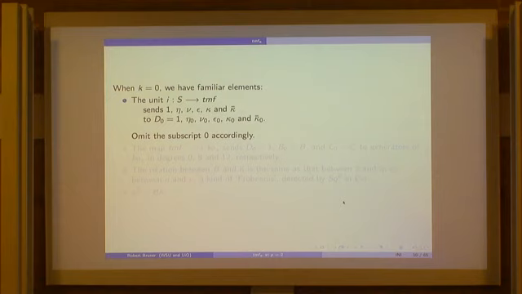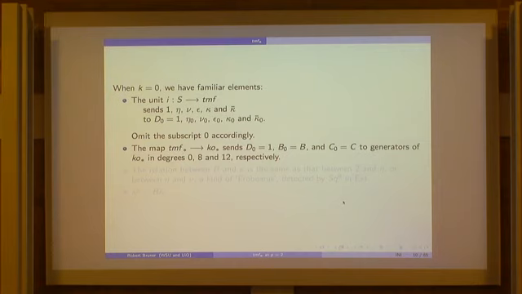And we'll see the charts in just a little bit, which is the easiest way to see where the elements lie. If you take the unit from the sphere into TMF, then 1, eta, nu, epsilon, kappa, and kappa bar all go to the elements we call 1, eta, nu, D0, eta 0, nu 0, epsilon 0, kappa 0, and kappa 0 bar. So they deserve either name, and we'll leave off the 0 as a result.